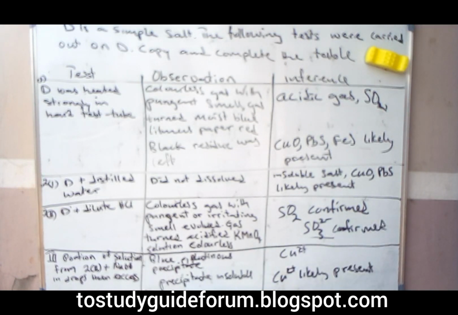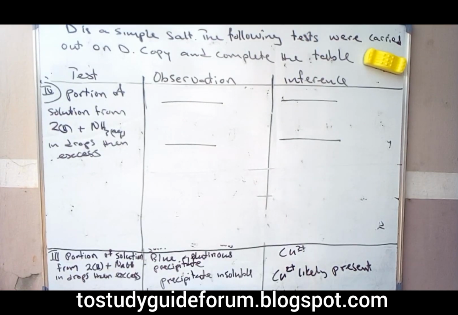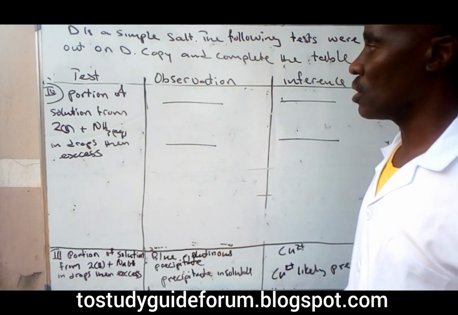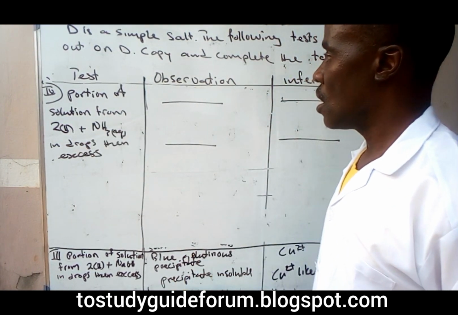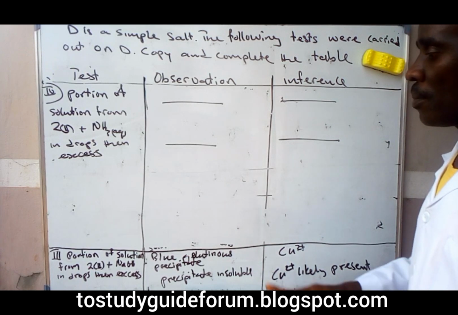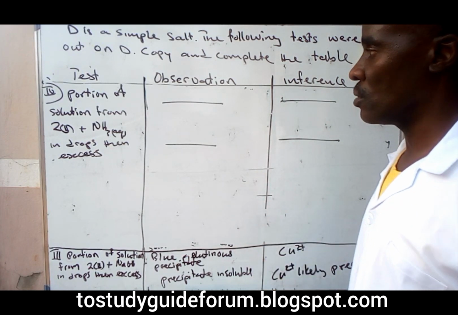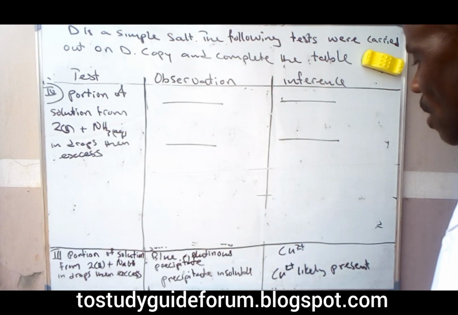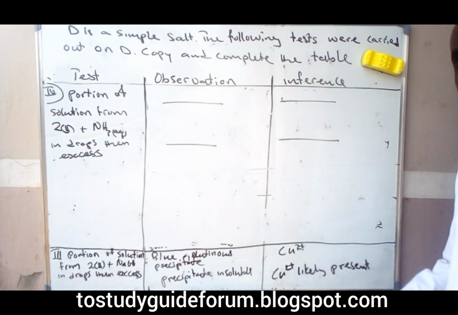Now, the last section of the test is a portion of the solution from the previous one. Add aqueous ammonia. Remember we found out that copper ion is likely present there.